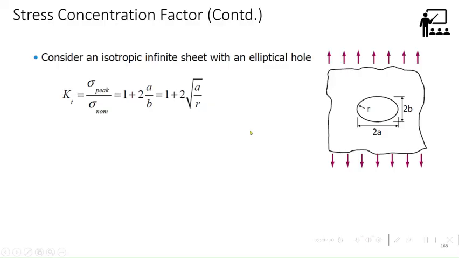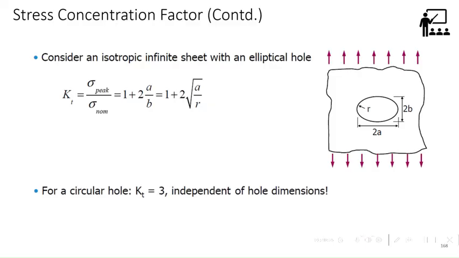So KT is dependent on geometry. For a circular hole, when a is equal to b, this formula holds good, it becomes 2 plus 1, that is 3.